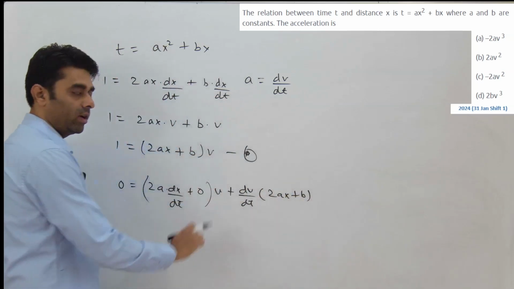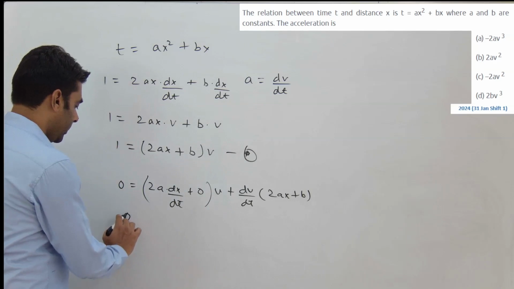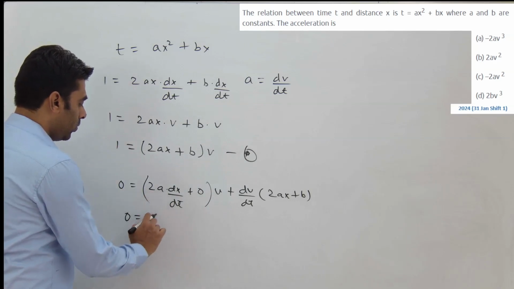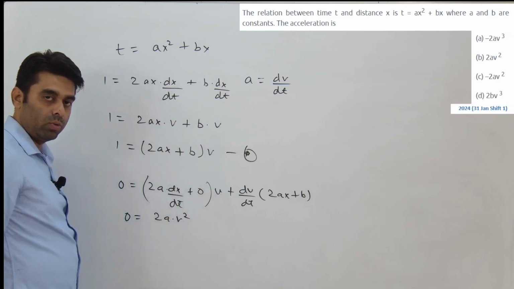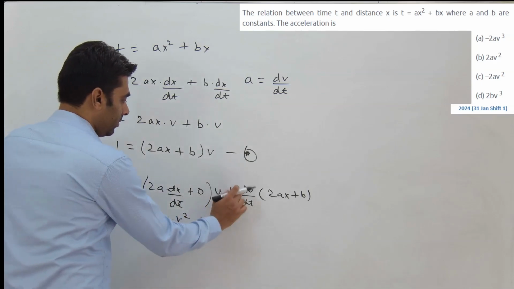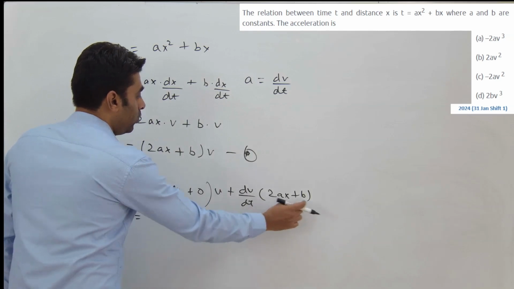I am using the product rule over here, right? So what can we write? 0 equals 2a dx by dt, which is v, into v, which is 2a v square, plus dv by dt, which is acceleration a, into (2ax plus b).